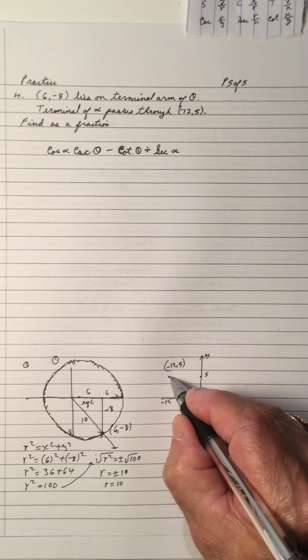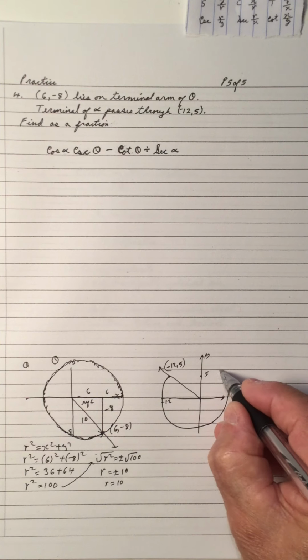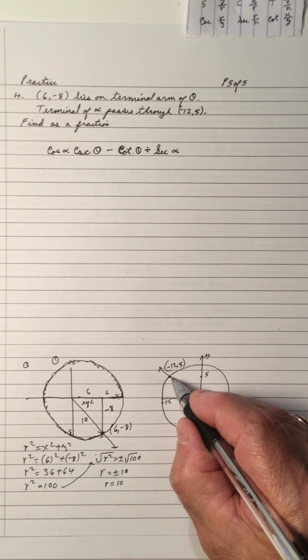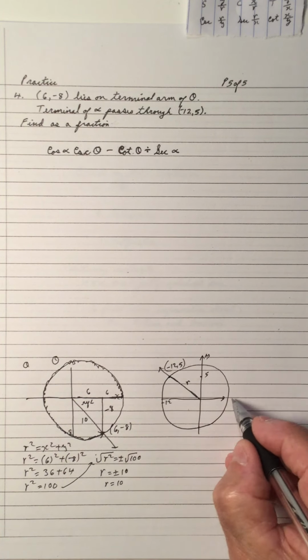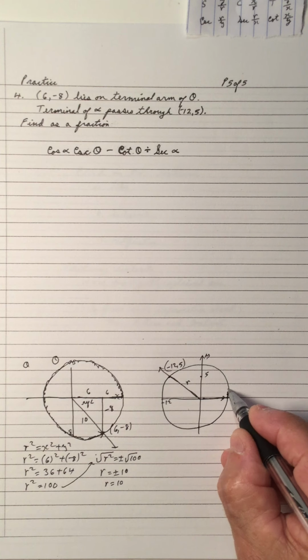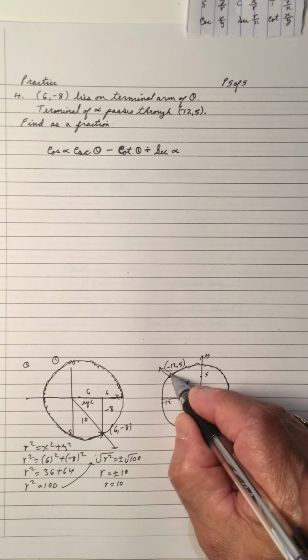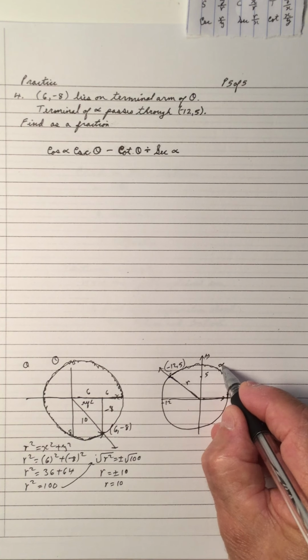Terminal arm goes out to that point, and we draw a circle. This is the radius of the circle, and extend the arm out. So there's the initial arm right there, and it's rotating till you hit that point, and that's alpha.